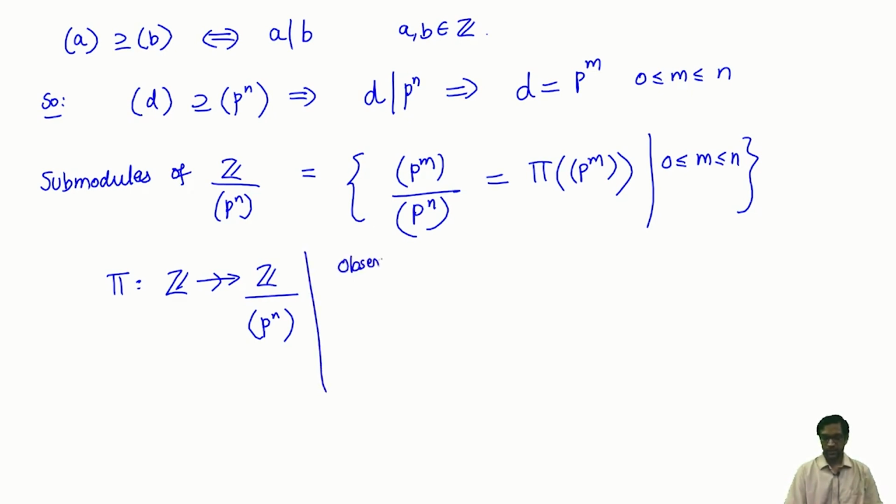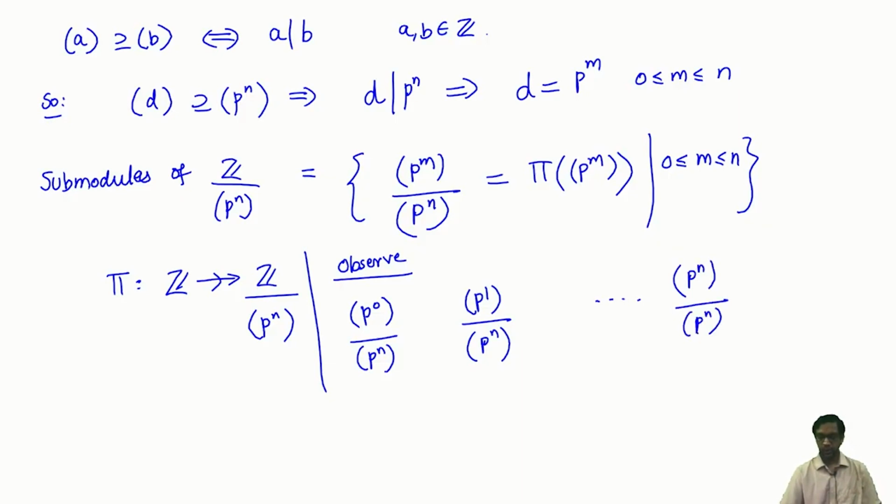So the key observation here, observe that if I look at what the submodules look like, I can look at pi of p to the 0 Z, so as p to the 0 Z by p to the n Z, or p to the 1 Z by p to the n Z, all the way till p to the n Z by p to the n Z. This is just the trivial submodule of the quotient, and they're all contained one in the other in this way. This is the largest, this contains the next guy, this contains the next guy, and so on. So on this side is the 0 submodule, and on this side is the whole. p to the 0 is just 1, so this is Z mod p to the n.